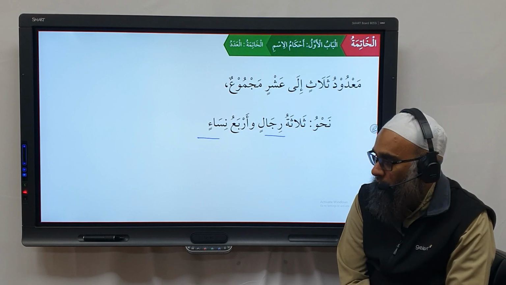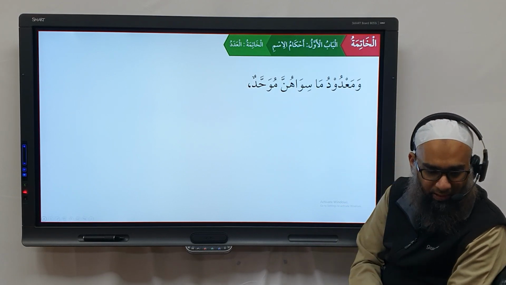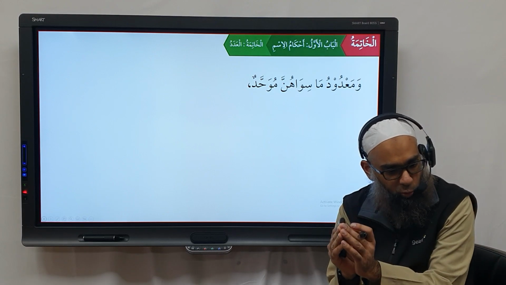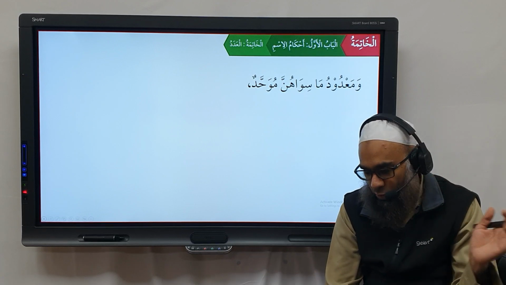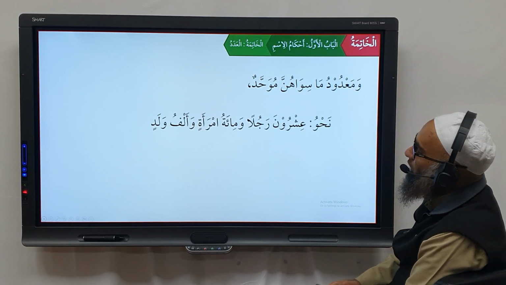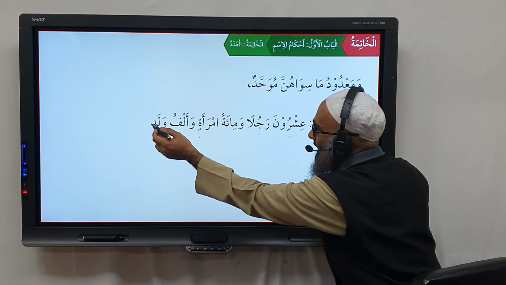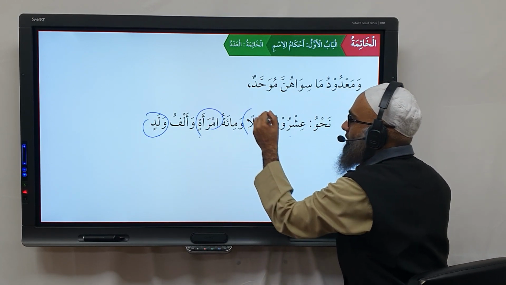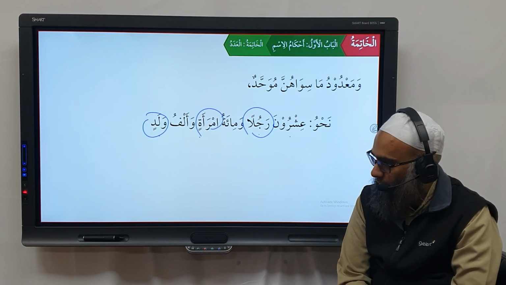So far, so good? And everything apart from this is going to be wahid. So 1 and 2 agree in number, 3 to 10 is going to be plural, and every other is going to be mufrad. For example, ishruna rajulan, mi'atu imra'atin, alf waladin, singular, singular, singular. The only time they have plural is when it's what? 3 to 10. So far, so good?